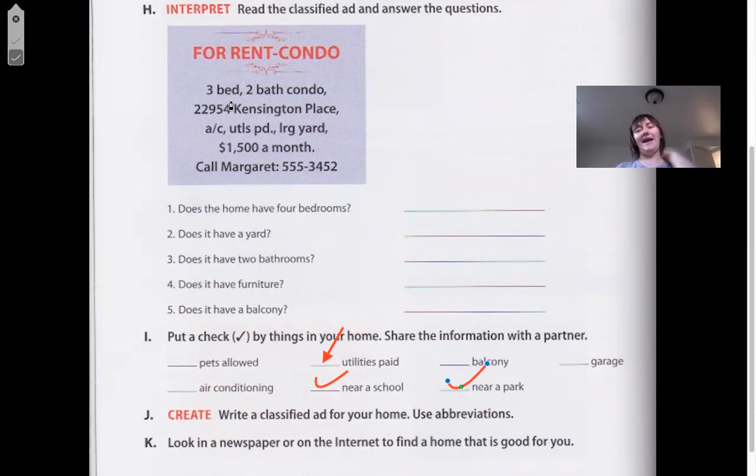How many bathrooms do you have? So for me, I have 2 bedrooms, 1 bathroom. And then you can write the address, things like utilities paid. I could say it's near a park, near a school. This is how much money it is a month, and you can call me. So this is how to write a classified ad.